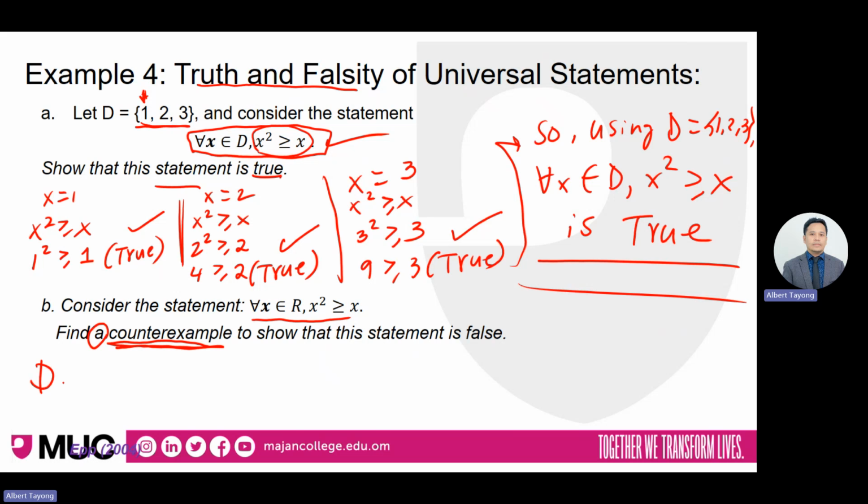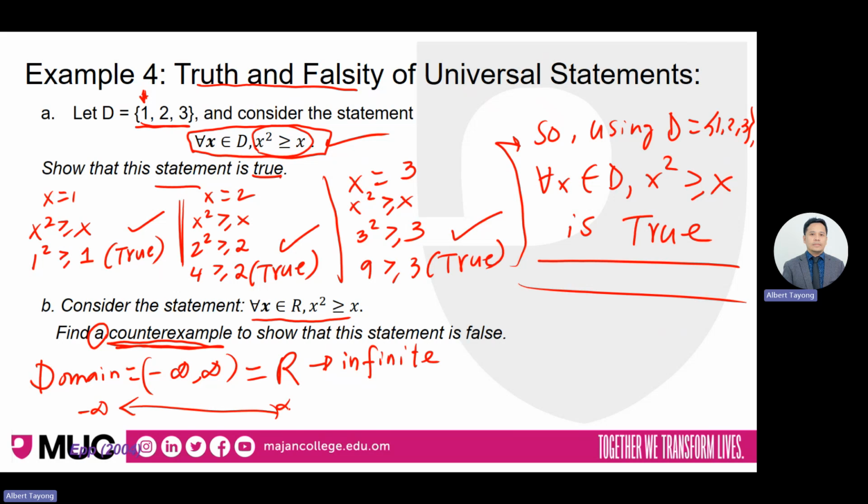Here our domain is now R, all real numbers, negative infinity to positive infinity. Here our domain is very specific. It contains 1, 2, 3 only. Here we cannot write all. It's infinite. All numbers on the line are allowed. Negative infinity, positive infinity, and 0.